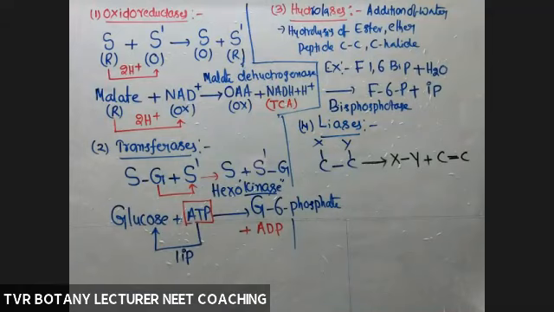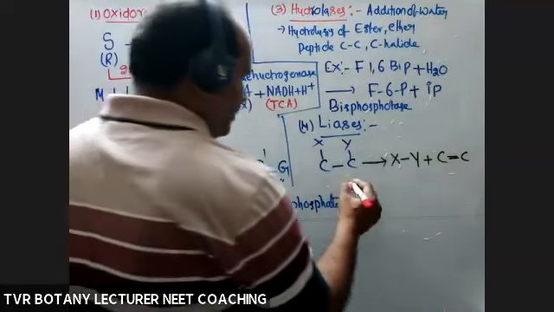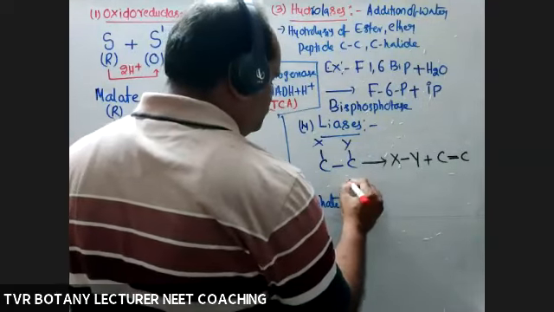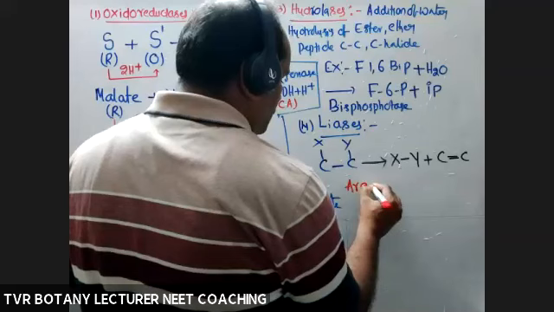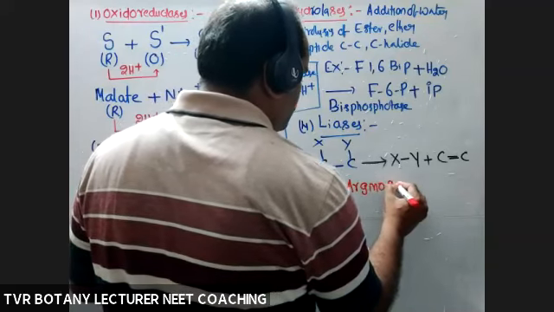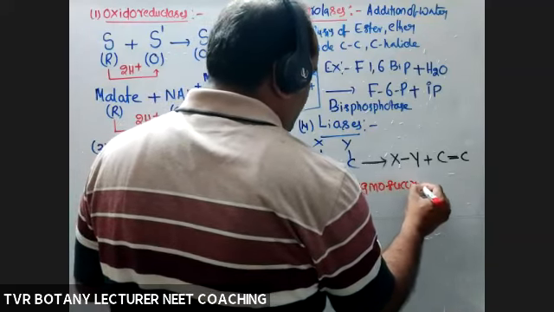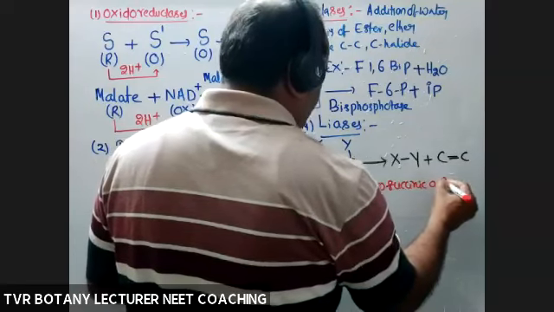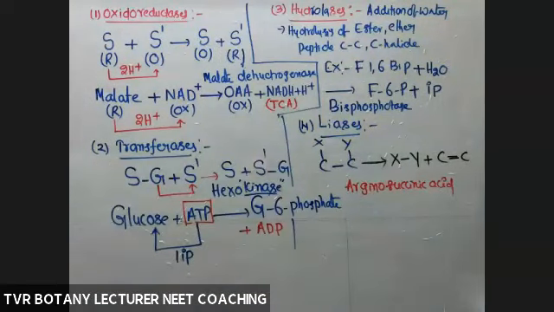They involve removal of a group from a substrate and development of double bonds. Okay, so now here I'm taking one live example, argininosuccinic acid. So that is one organic acid.